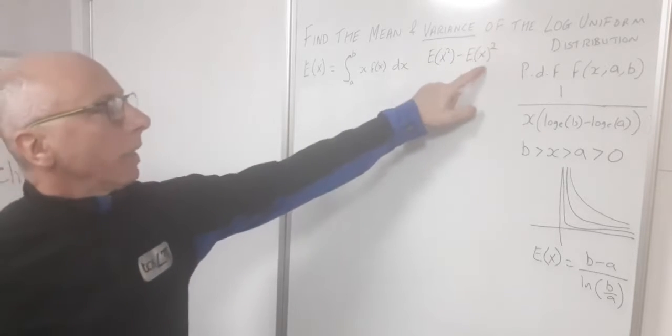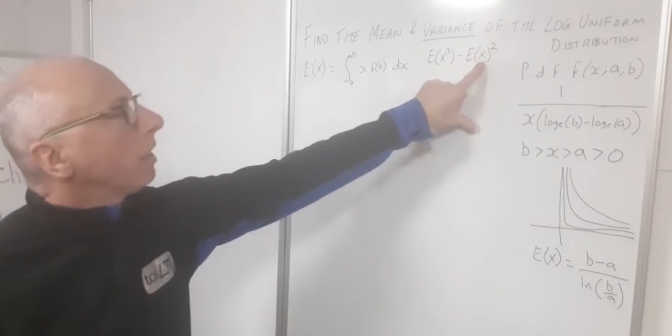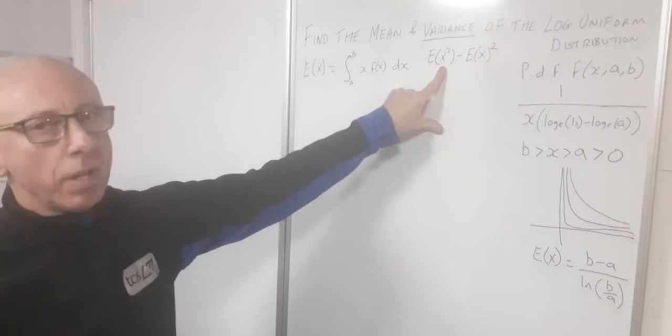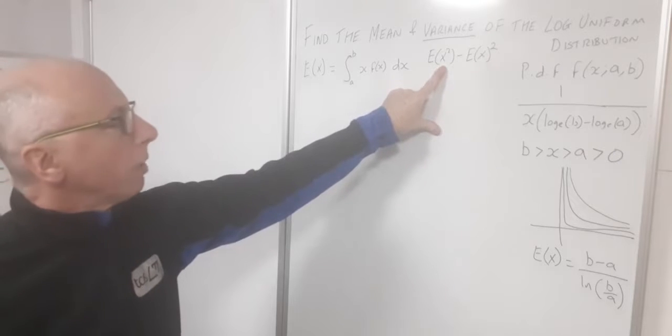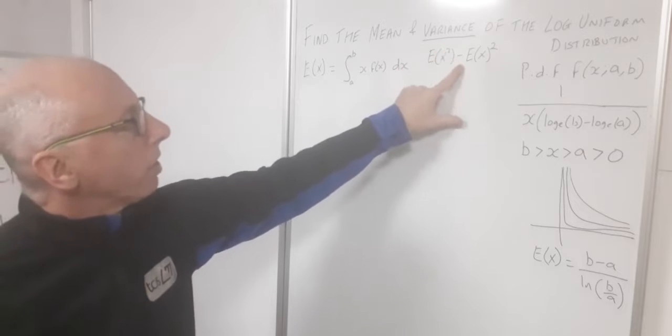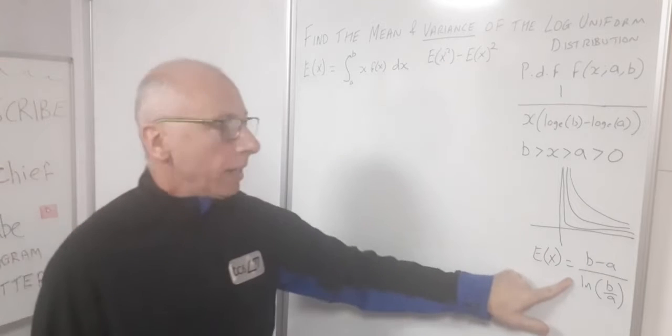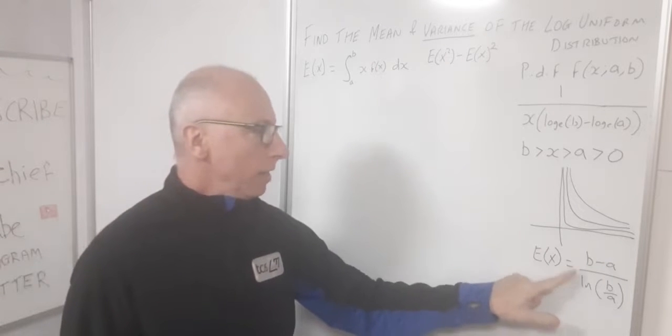Being careful with this, these are not the same term. It's very important that this one is the mean squared and this one here is the second moment, E of x squared. So it's very important that the variance comes from this formula in that order. And previously I calculated that the mean is this.